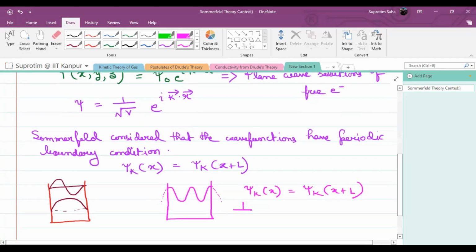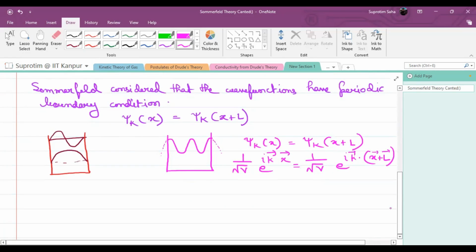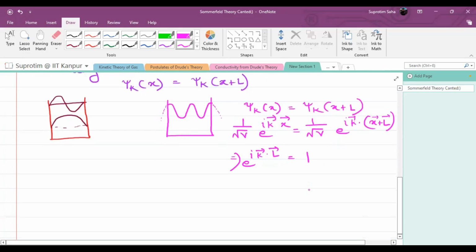If you put in the form of the wave function, which is 1 over root V e raised to i k vector dot r vector, we are doing all this in one dimension, so let me just write x, x plus L. Cancelling out both the terms, 1 over root V e raised to i k x, we are left with e raised to i k L equals unity.